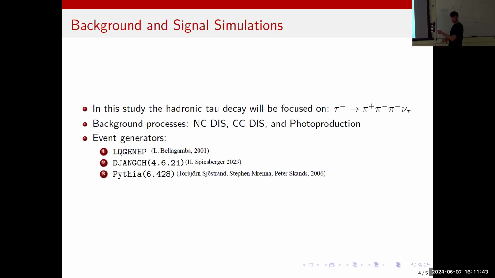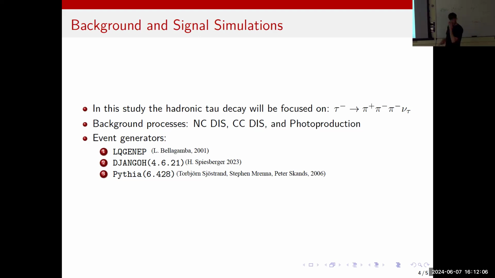These standard model backgrounds mainly come from neutral current and charged current deep inelastic scattering, and photoproduction, which we have seen diagrams of pretty often during all these talks, and they mimic the signal. So the idea in this work with simulation is to distinguish the leptoquark events from the backgrounds.